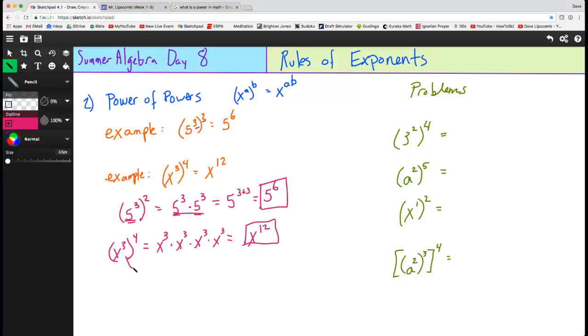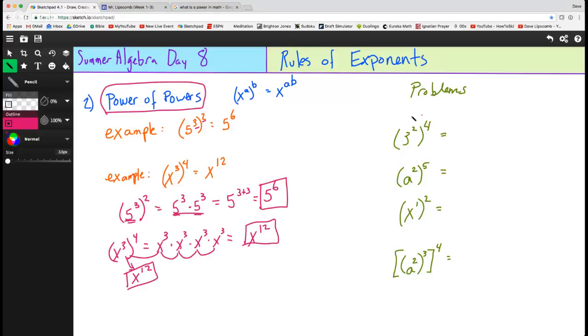Now, we could have just used our power of powers rule, which we're learning right now, and just multiply them. X to the 12th. But instead, we chose to go with expansion just to show you and prove to you the rule about multiplication.